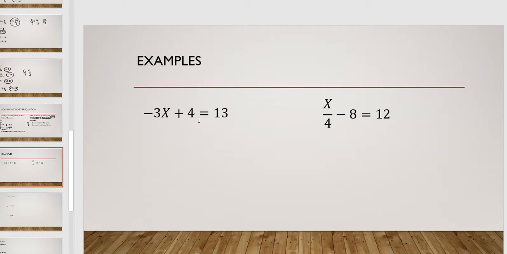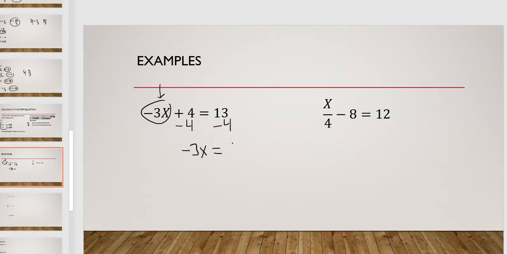Okay, so if I give you this example, negative 3x plus 4 equals 13, this is negative 3 times x plus 4 equals 13. So before we get rid of this multiplication of negative 3, we're going to get rid of this addition of 4 by subtracting 4 from both sides.